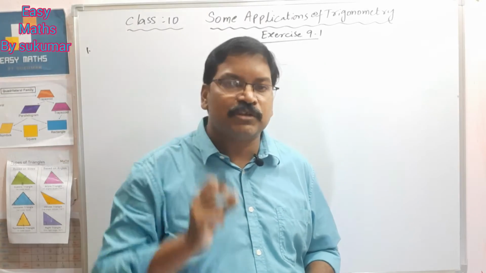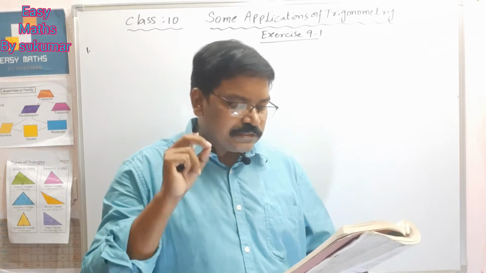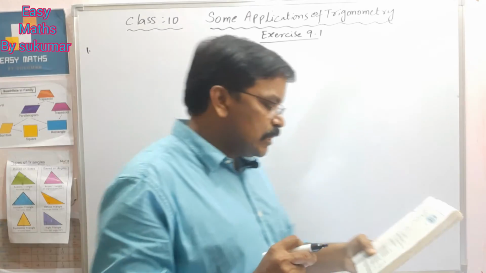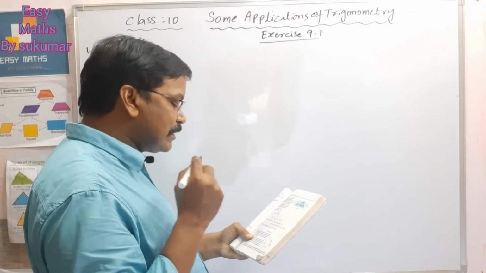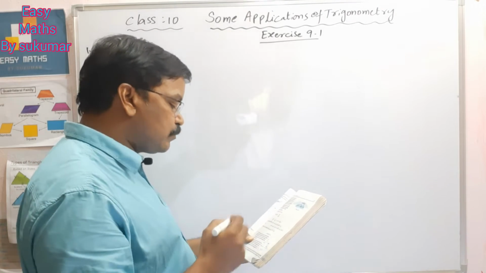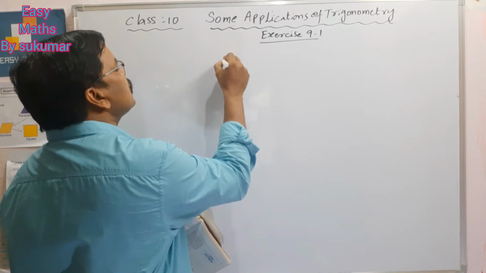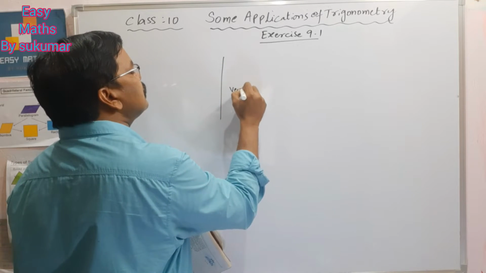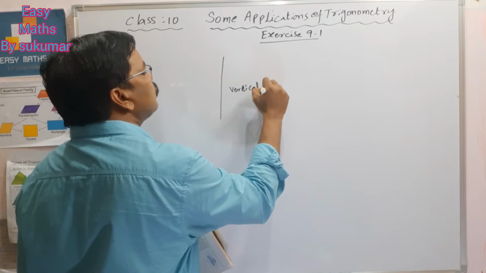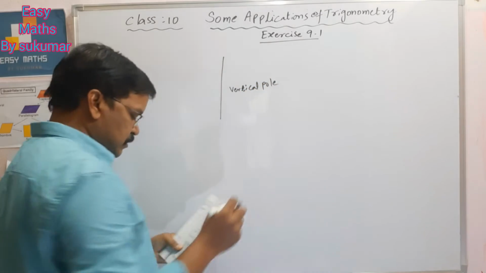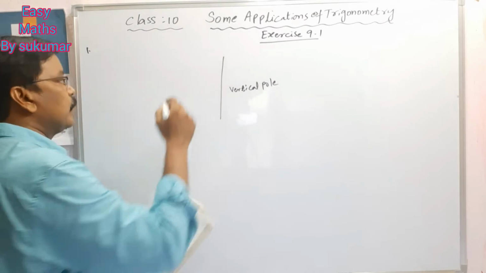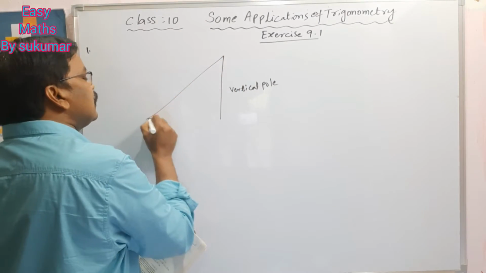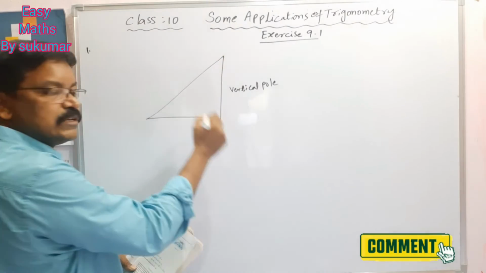Please make it understand yourself, my dear students. A circus artist is climbing a 20 meters long rope which is tightly stretched and tied from the top of a vertical pole to the ground. Just draw the vertical pole. This is the vertical pole, and this long rope is tightly tied with this vertical pole.